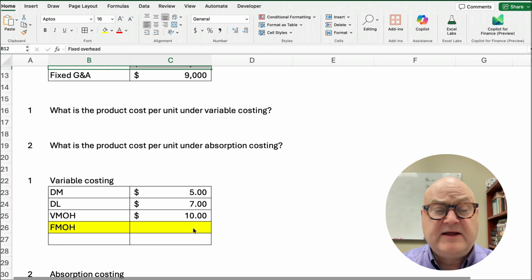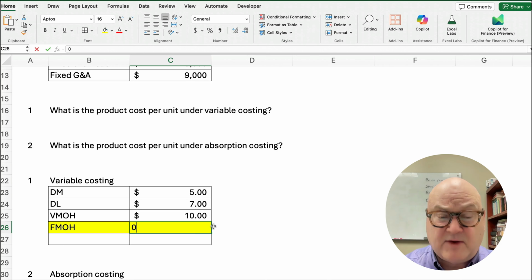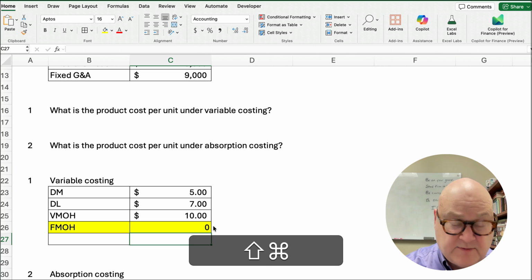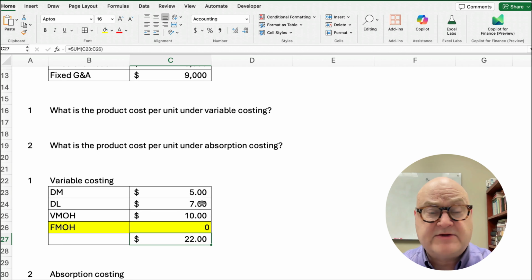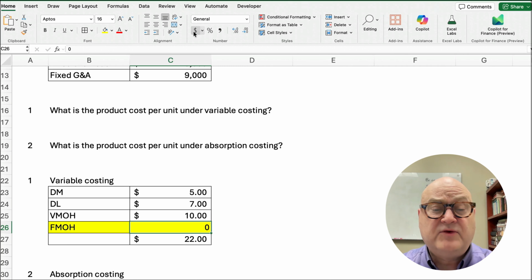So fixed MOH is going to be 0. So what is the cost for our product under variable costing? And that's going to be a total of $22. Just the 5, just the 7, and just the 10, and nothing allocated to the fixed MOH, right?